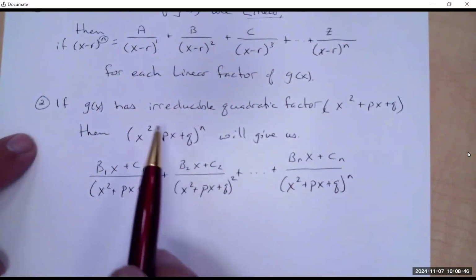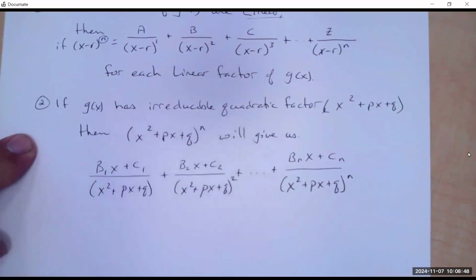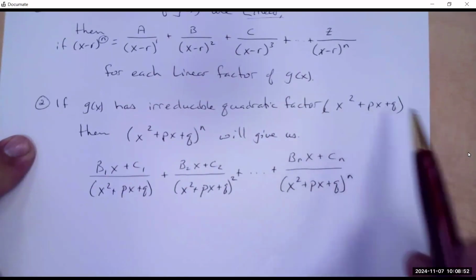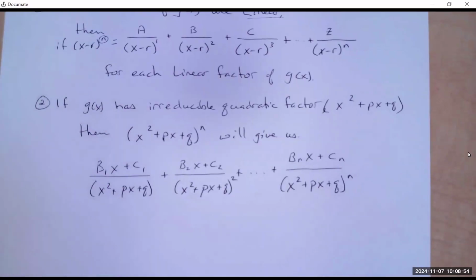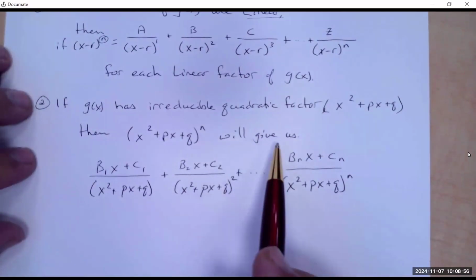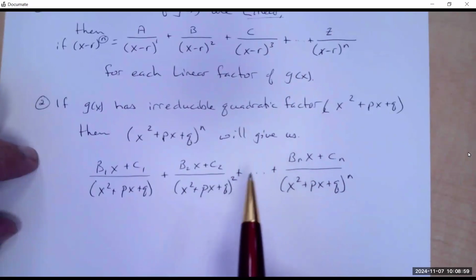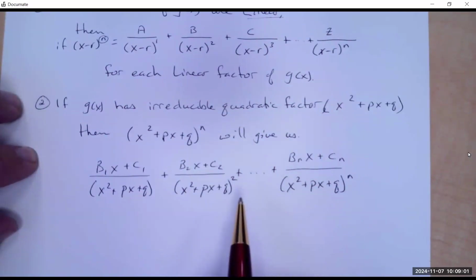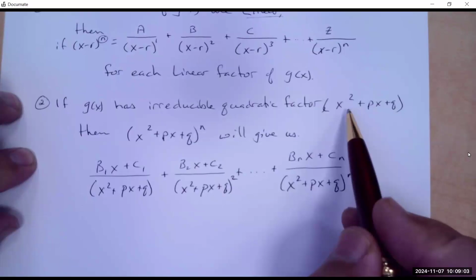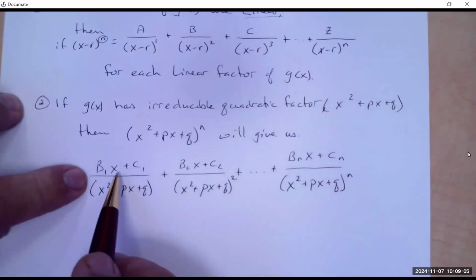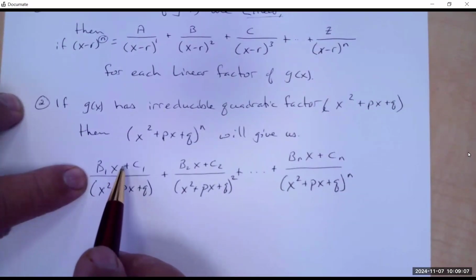Now, today we're going to look at irreducible quadratic factors on the bottom. X squared plus px plus q. You can't go any further with that. If that happens, our numerator now changes. Because we have a quadratic denominator, our numerator has to be a linear equation, degree 1.